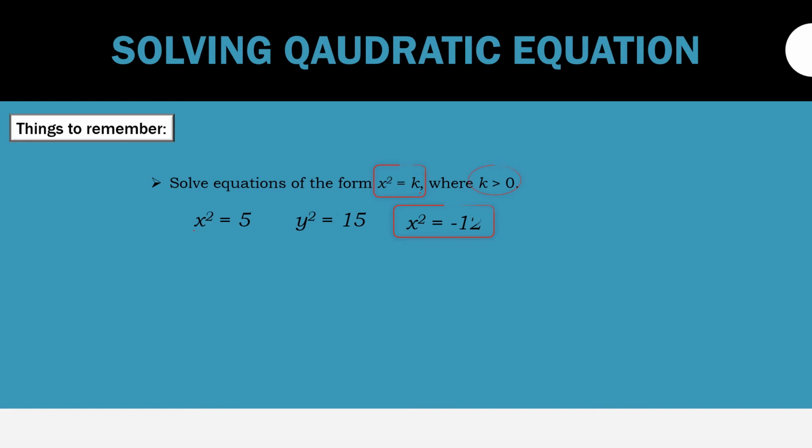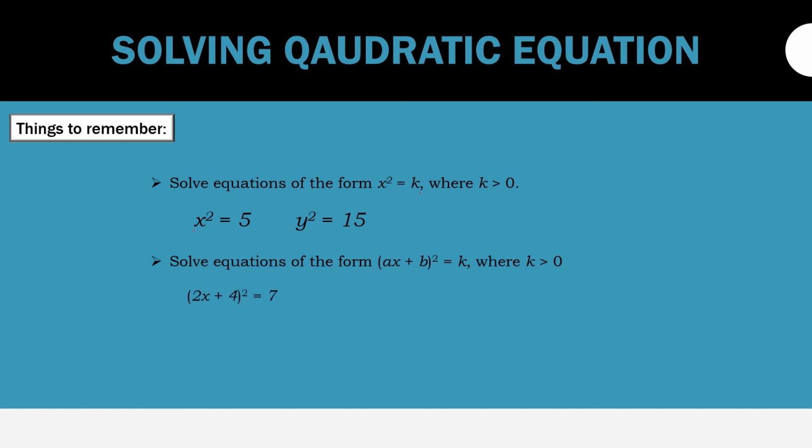As you can see, our k is negative 12, right? Since that is less than 0, or k is not greater than 0, it is not allowed, especially when your equal is a negative number. Okay? So, not allowed.